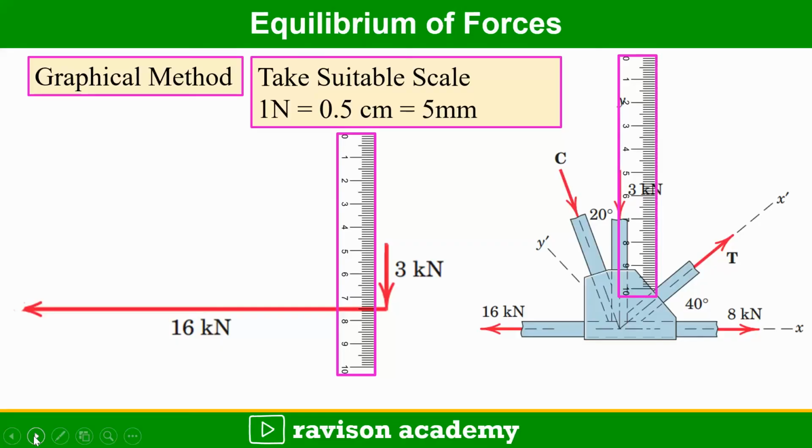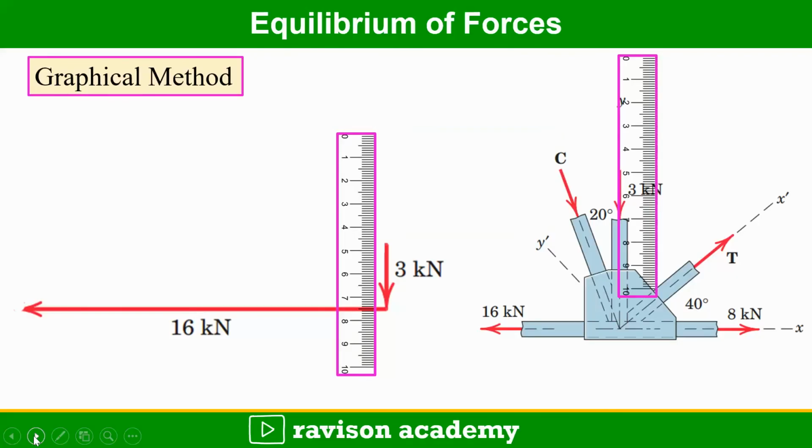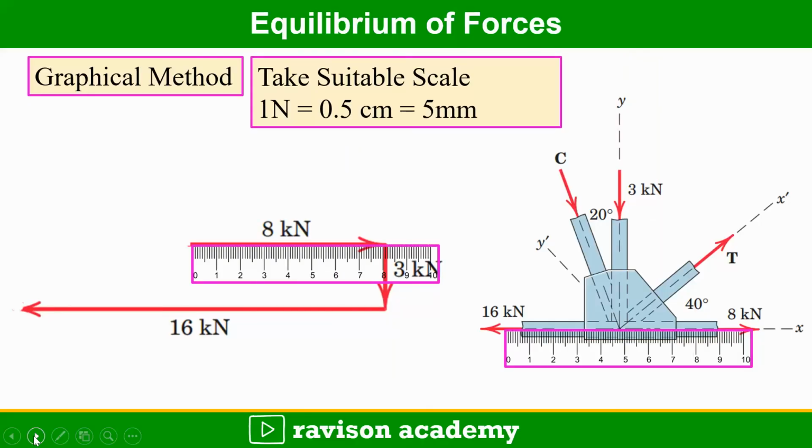Similarly, for 3 kilonewton force, draw the vertical line representing 3 kilonewton. For 8 kilonewton force, draw parallel line representing 8 kilonewton.